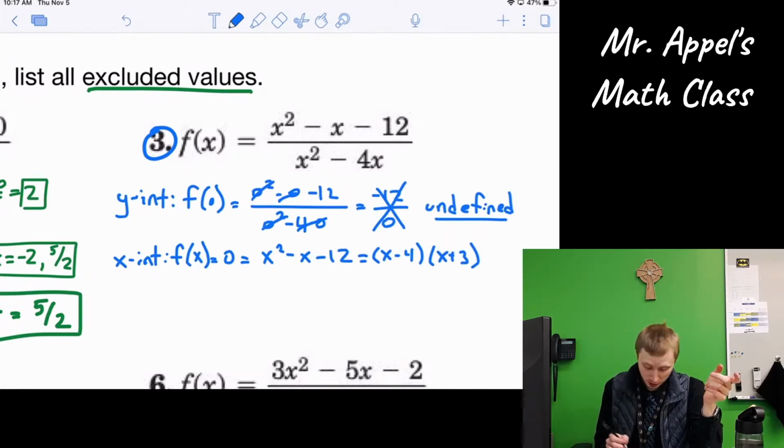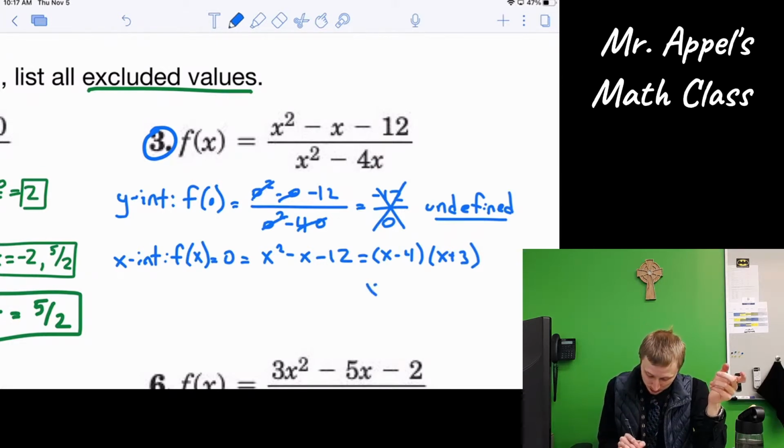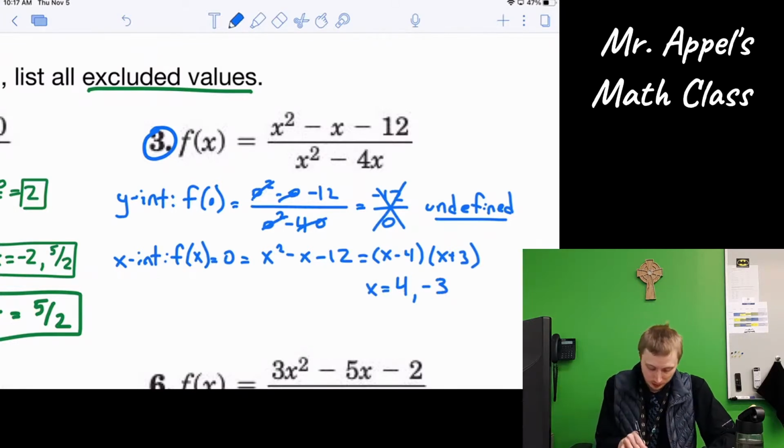Which means we get x values of, this was x minus 4, so it's positive 4, x plus 3, so it's -3. And if we want to be prim and proper, we should reverse those, put smallest to largest. There we go.